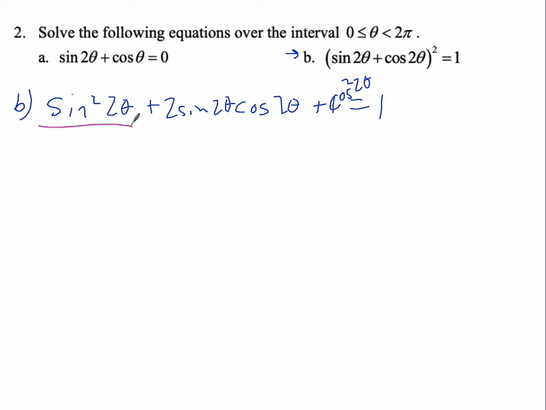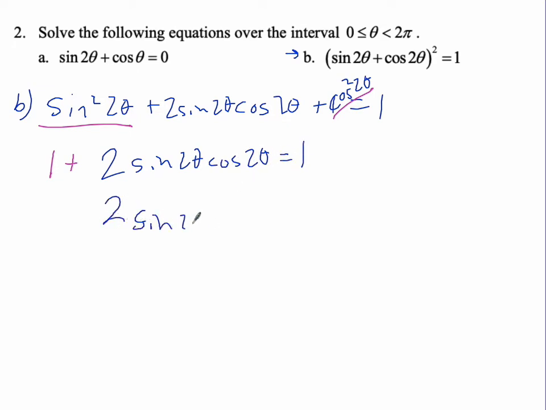But recall, sine squared plus cosine squared equals 1. So you have 1 plus 2 sine 2 theta cosine 2 theta equals 1. So 2 sine 2 theta cosine 2 theta equals 0 because the ones cancel.